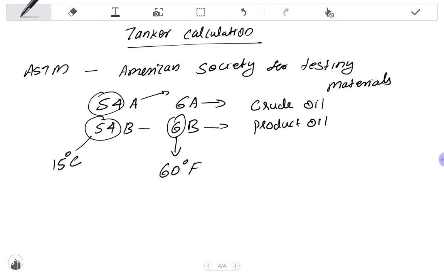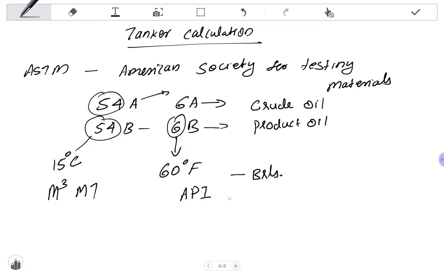Now, normally all over the world people use 15 degree temperature and the metric system, metric cubes and metric tons. But some people, especially Americans, use Fahrenheit, and instead of density they use something called API, and instead of metric cubes they use barrels.